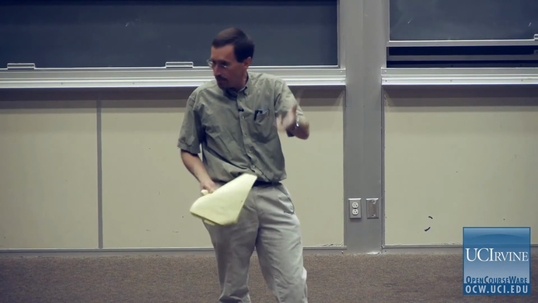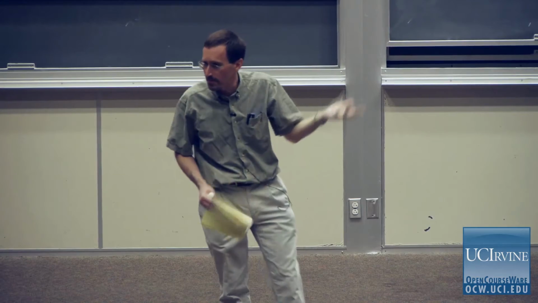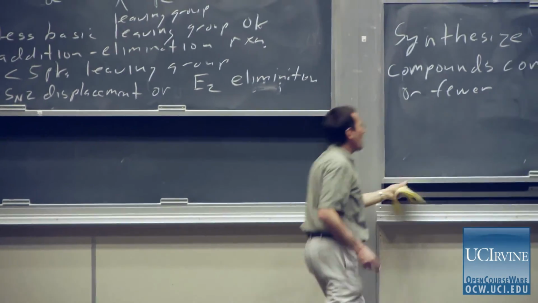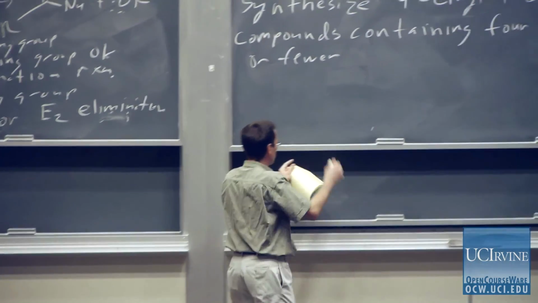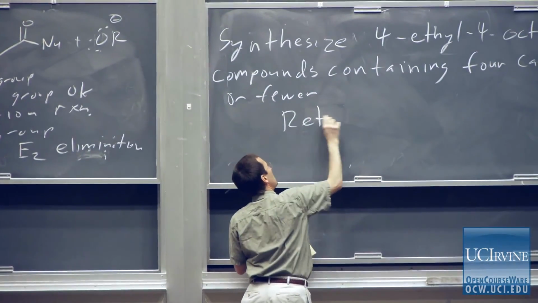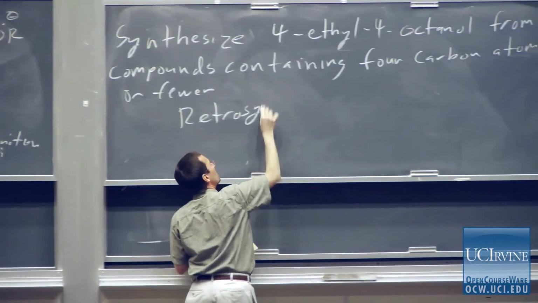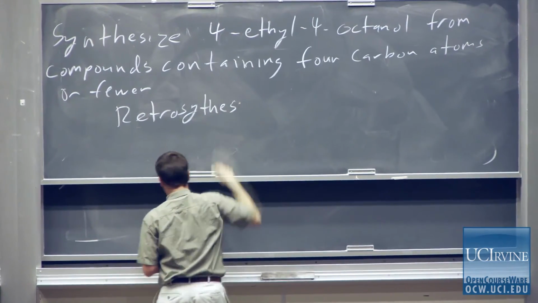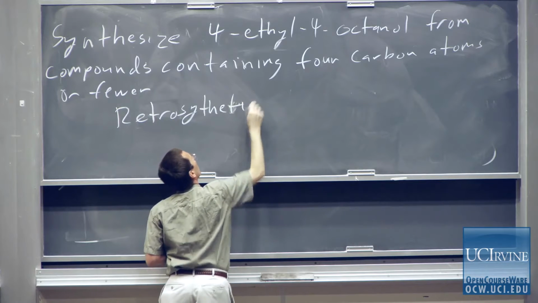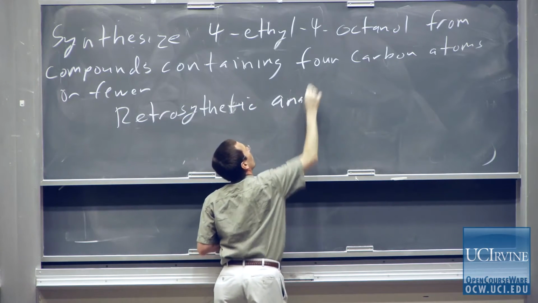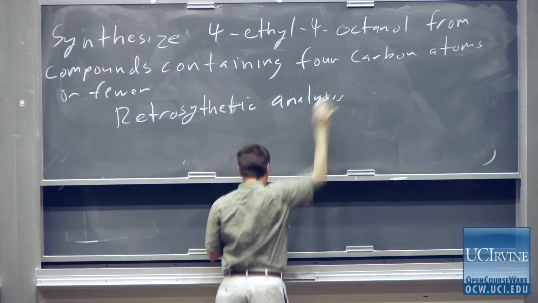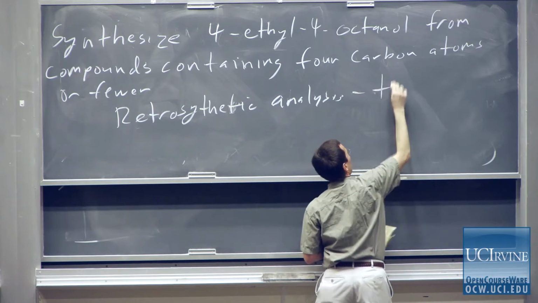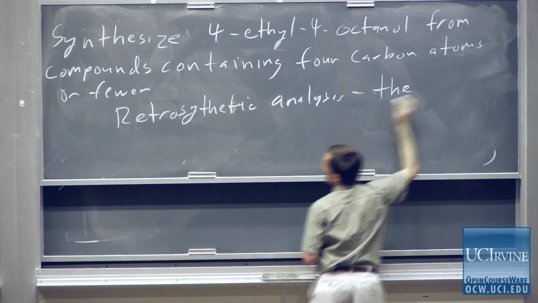Of course, you can buy plenty containing 5, but for purposes of this example, we're going to say 4 or fewer. And what we're going to do with this is illustrate the way chemists think, the process of retrosynthetic analysis, and we can call this the process of thinking backwards about how to synthesize something.